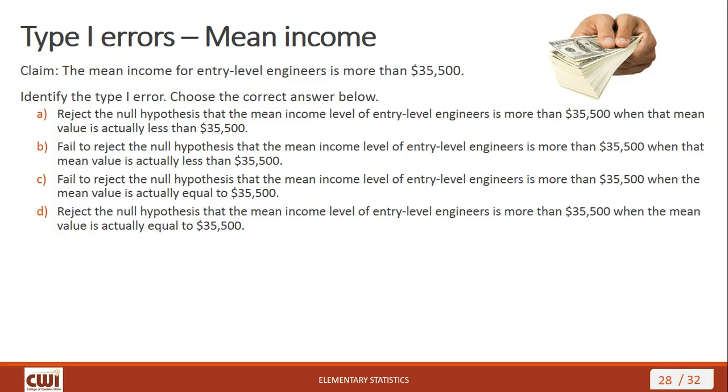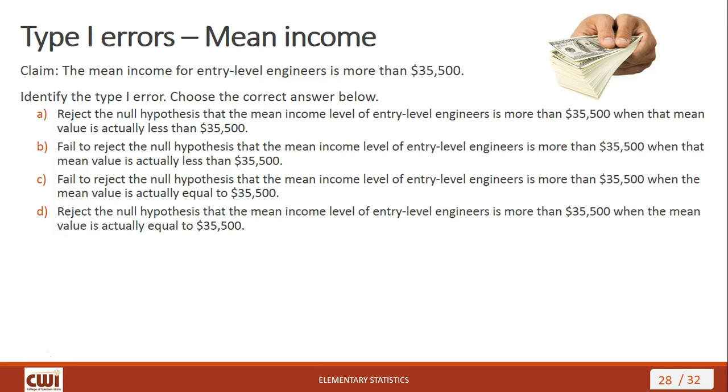The beginning can be that we reject the null hypothesis or we fail to reject the null hypothesis. And then at the ending of each statement, you're saying that the mean value is actually less than 35,500 or equal to 35,500. So now we have those key differences in play. Let's actually look to see where the type 1 error would be.